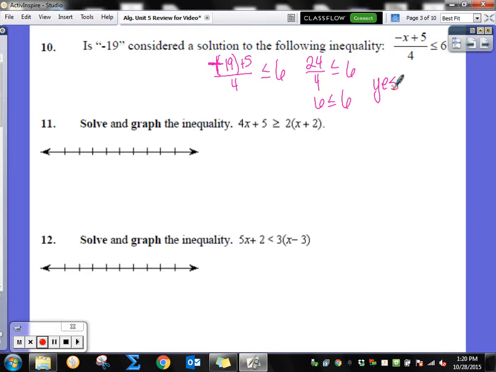We have to solve 11 and 12. I've got to start by distributing on 11. I'm going to minus 2x from both sides. Subtract 5.